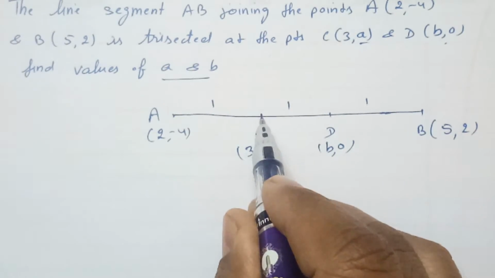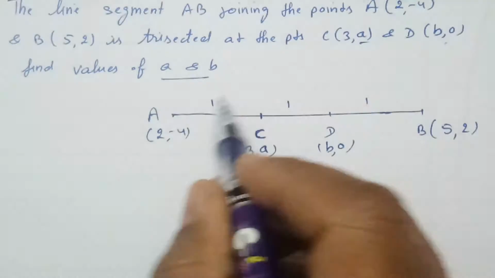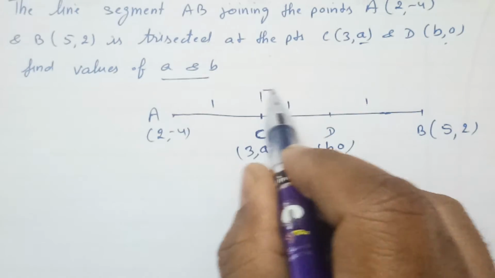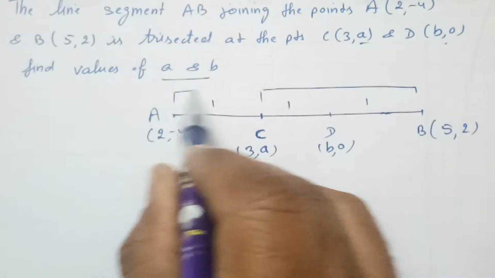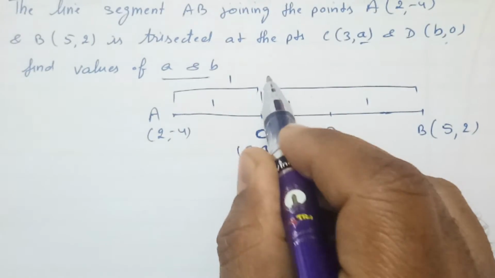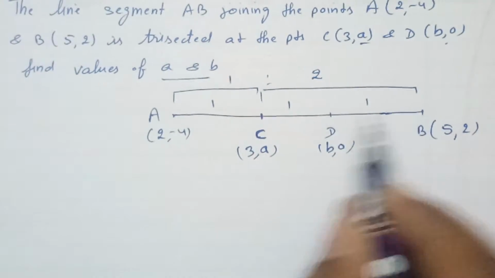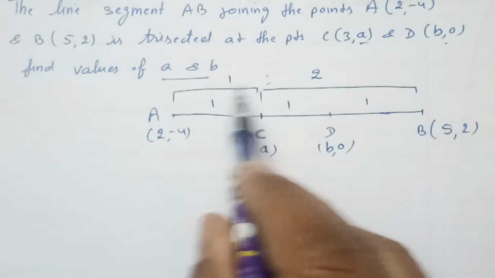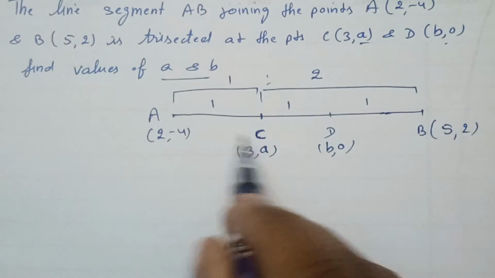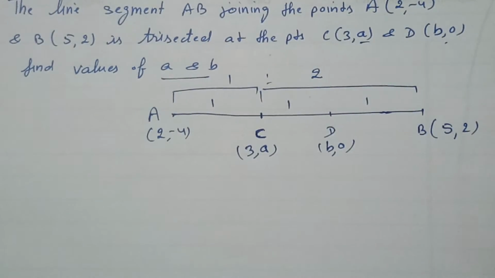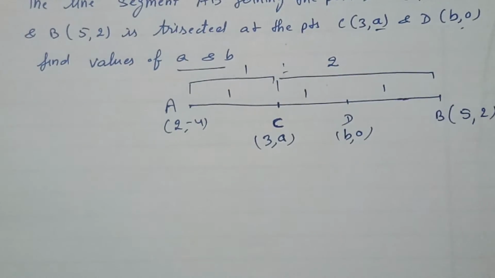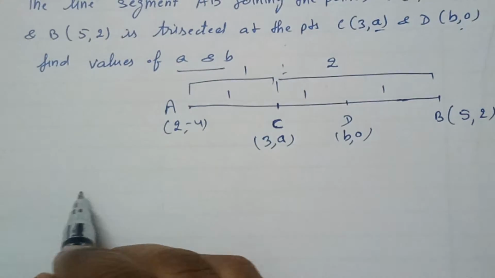So this point C divides AB in the ratio, considering this full part as 1, so the ratio will be 1:2, because this is 2 parts and this is a single part. So C is dividing AB in the ratio 1:2. To find the coordinates of C, I will use the section formula.